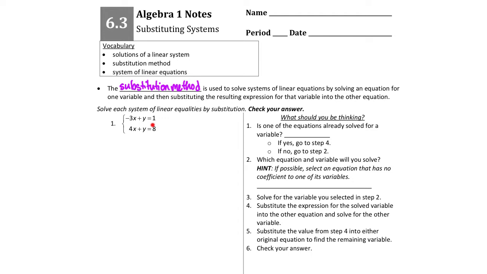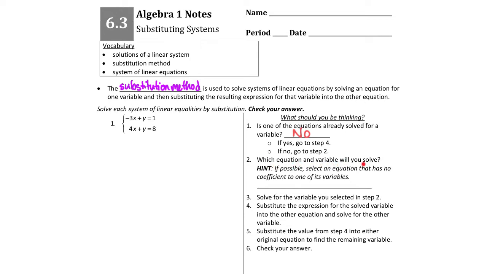If we take a look at our first equation, does it say either just x equals some expression or y equals some expression? Neither of these is solved for x or y. In other words, x or y is not by itself on one side of the equal sign. We're going to say no here for step 1, and so we do have to do step 2.